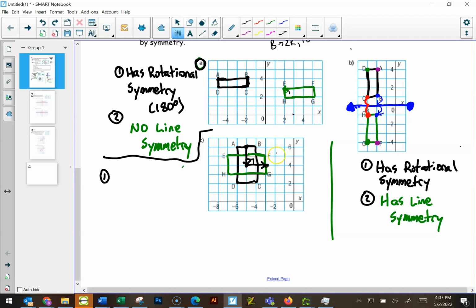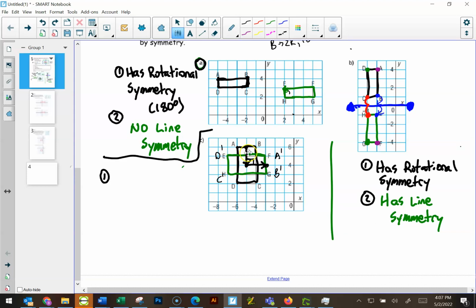So instead of FG, this is really A prime, B prime. We know that B is connected to C, and we know that A is connected to D. So A prime, B prime, C prime, D prime is really the second object they drew, which was FGHE or EFGH, if you want to do it in alphabetical order.